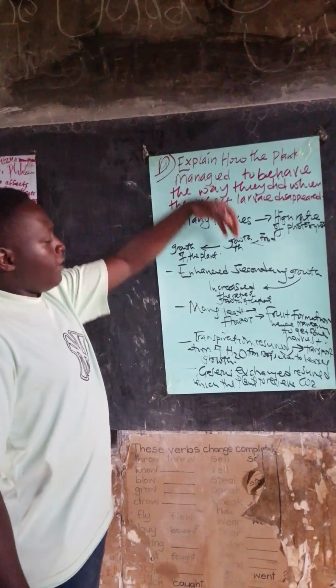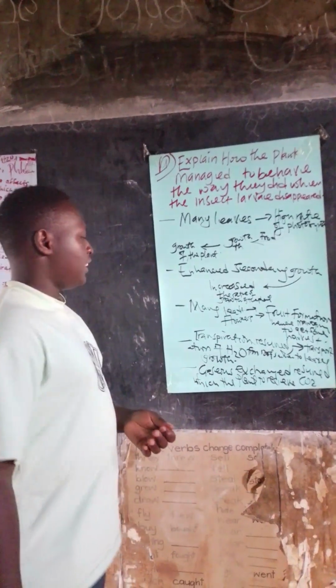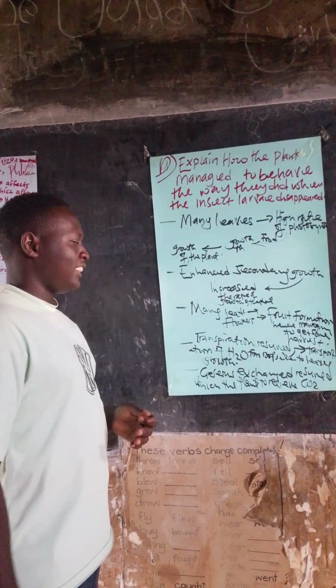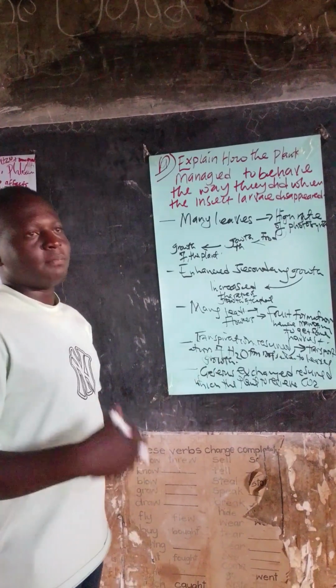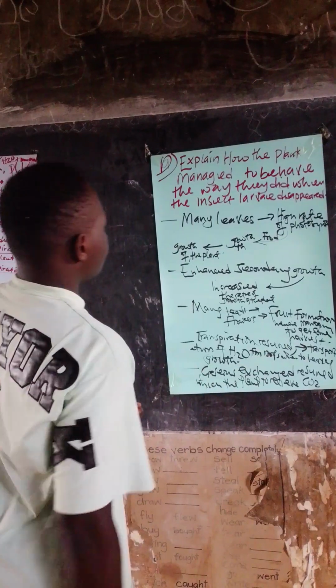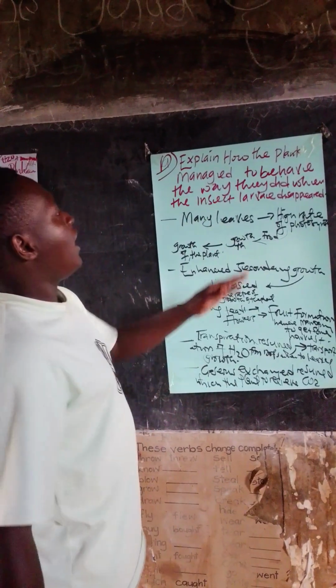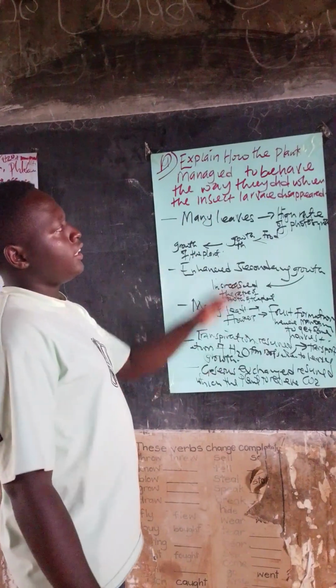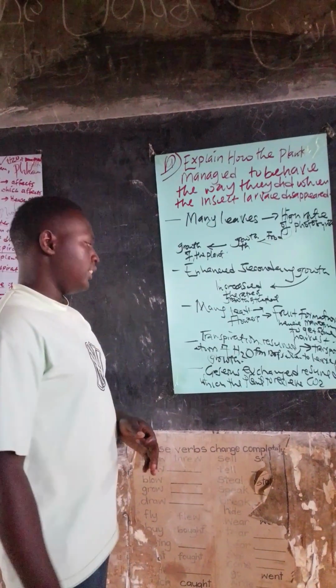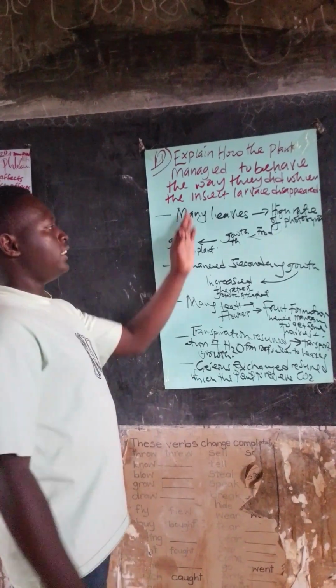So the farmer managed to get some yields, but they were not as expected. So these are some of the ways how this plant managed to behave the way they did. So thank you very much for this part.